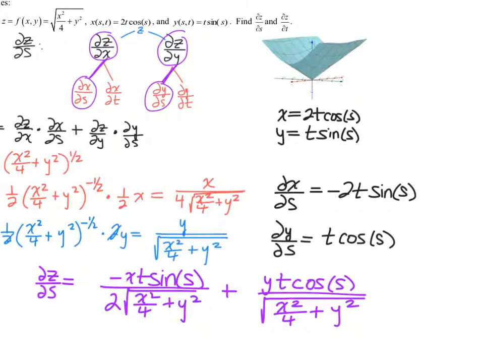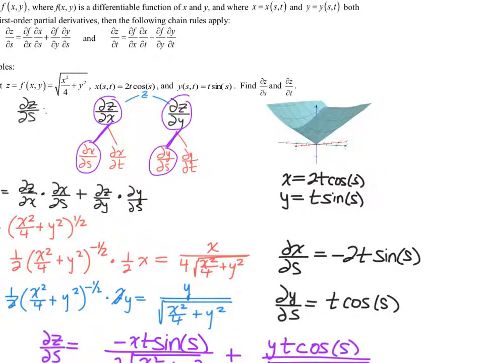And that's all we're really after at this point. But now you would ask for the partial derivative of z with respect to t, which is what I'm going to put a star on for you.